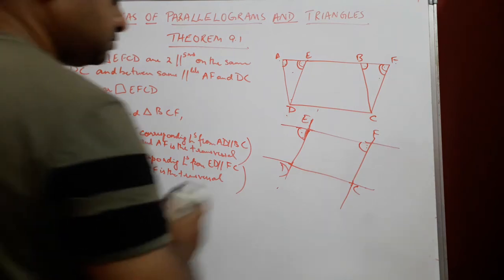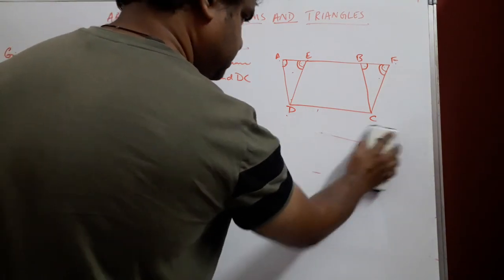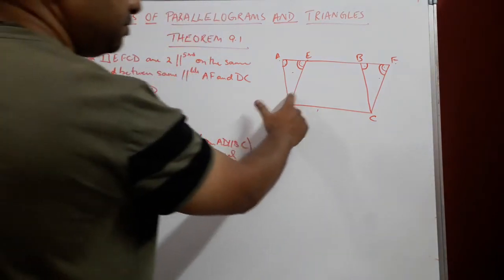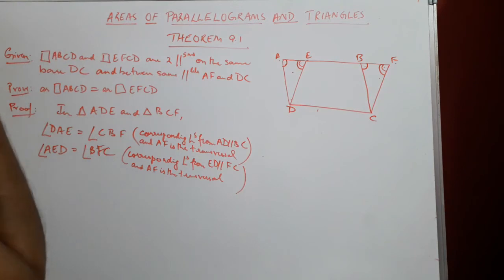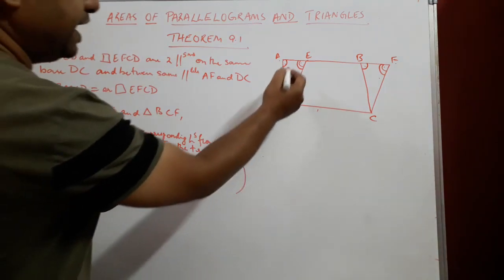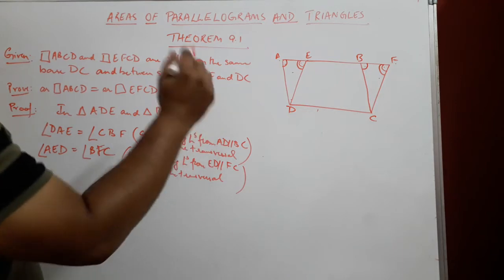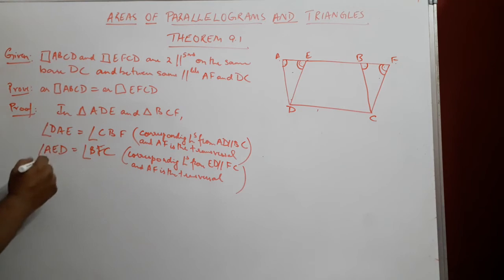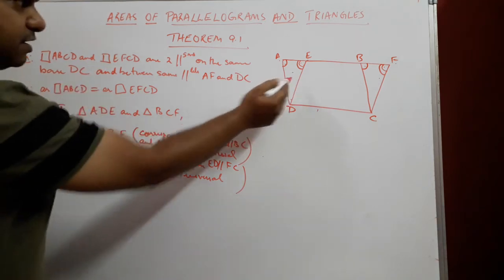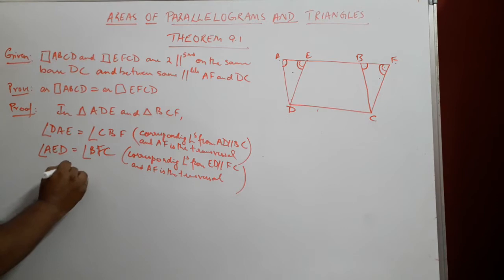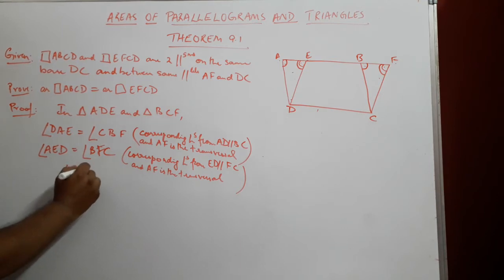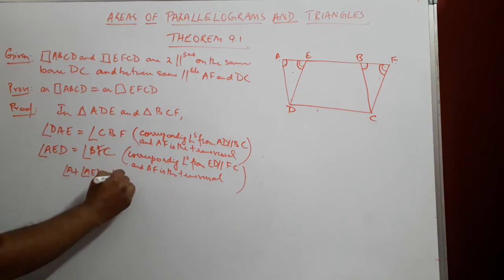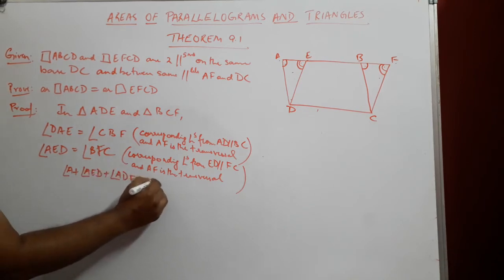Okay. So now you have got this angle equal to this angle, this angle equal to this angle. Now from this too we can establish a relationship between the third angle remaining between these two triangles, and we'll see how. What is the angle sum property of a triangle? It says that all angles of a triangle are equal to 180 degrees, right? So in case of this triangle, we can say that angle A plus angle AED plus angle ADE equal to 180 degrees.